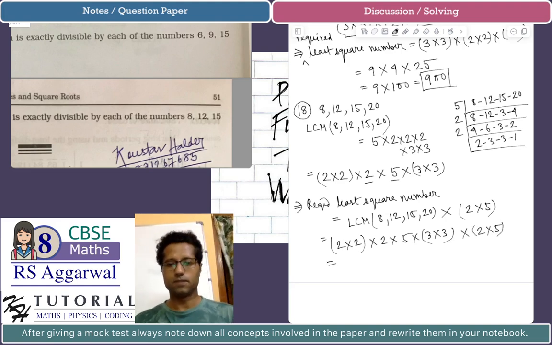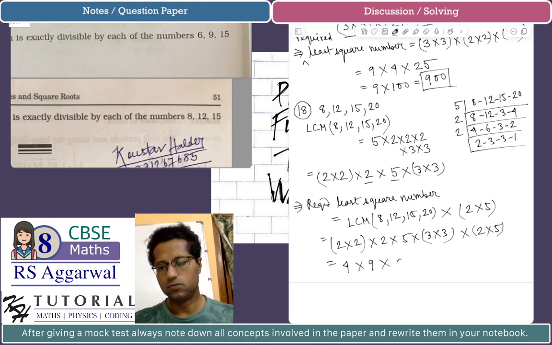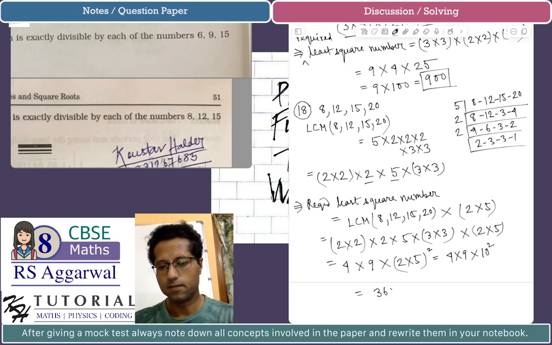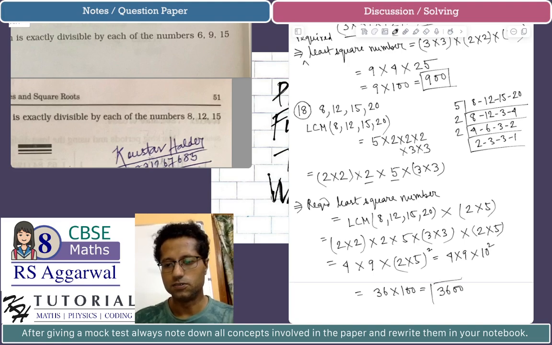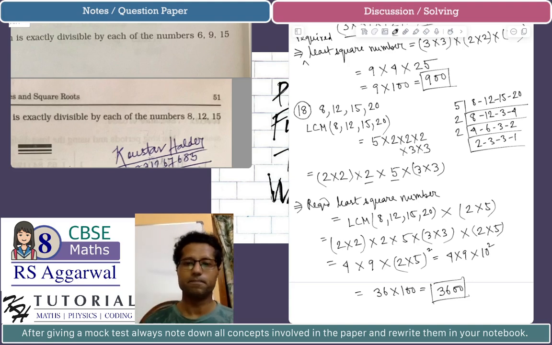So 2 into 2 is 4, and we have 3 into 3 is 9, and we have 2 into 5 squared, which is equal to 4 into 9 into 10 squared, which is equal to 36 multiplied by 100, which is equal to 3600. So 3600 is the least square number which is divisible by the given numbers 8, 12, 15 and 20.